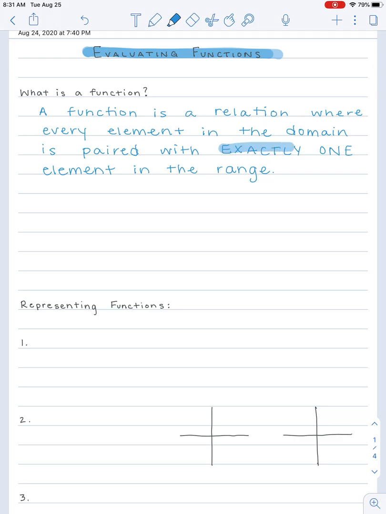And highlight that exactly one. So essentially, if I read this out quicker for you, a function is a relation where every element in the domain is paired with exactly one element in the range.